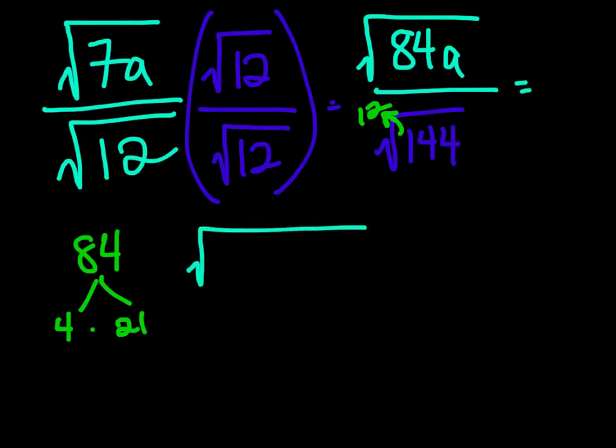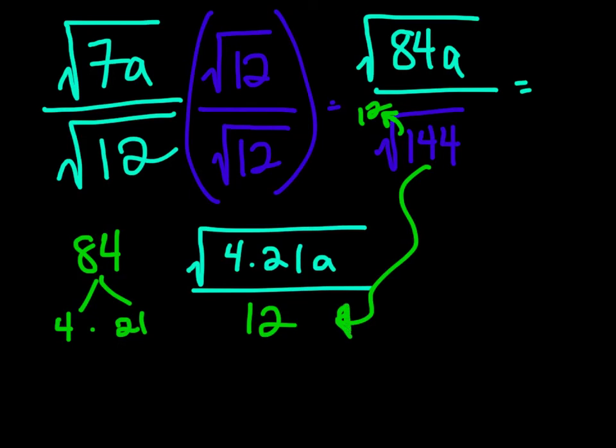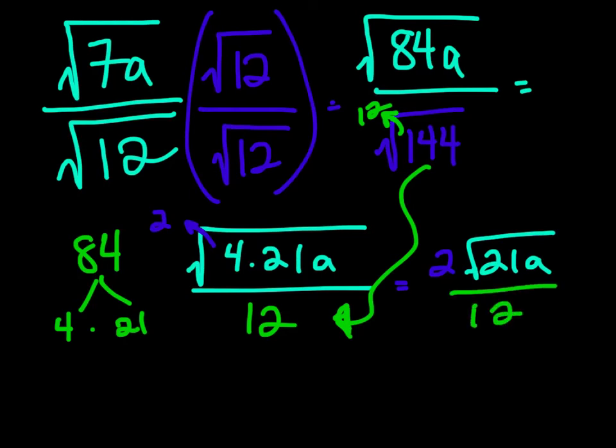So we can rewrite this as 4 times 21 times a over 12, because we did that math already. That's kind of cool. So the 4 will come out and become a 2. So we get 2 square root 21a over 12.